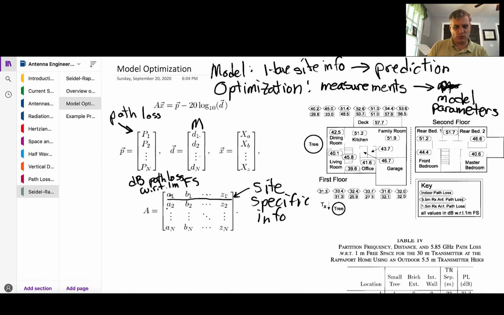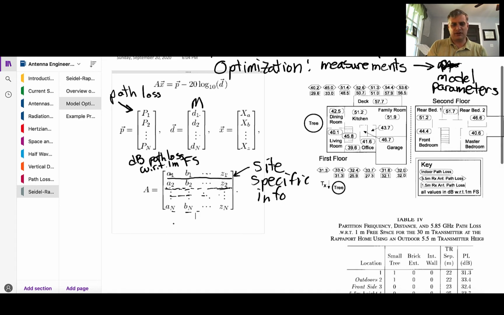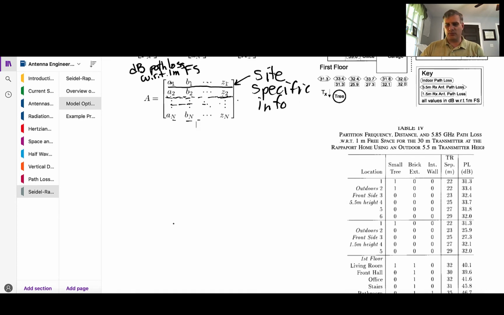And then for the second point, you have those exact same parameters, just changed to accommodate the intersection test that you're doing, all the way down to the nth point. And this is a nice way to write the Seidel-Rappaport formula because it makes the prediction problem seem just like a simple matrix equation.